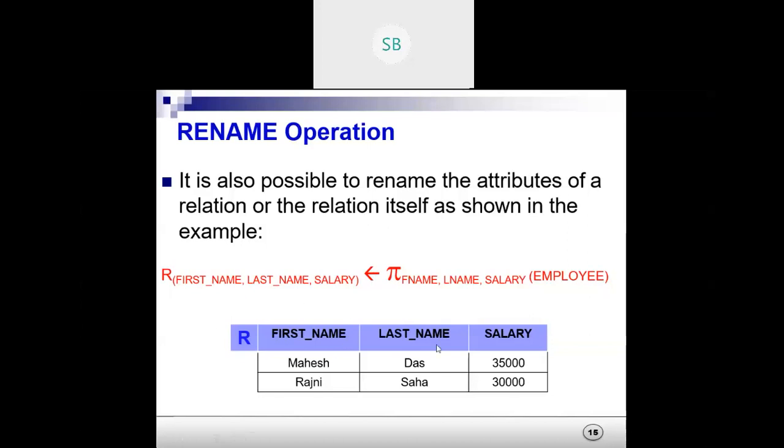So before it was F name, L name, salary of employee, but you have renamed it to R of first name, last name, salary. That is how you do it.